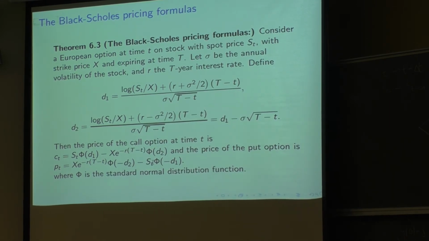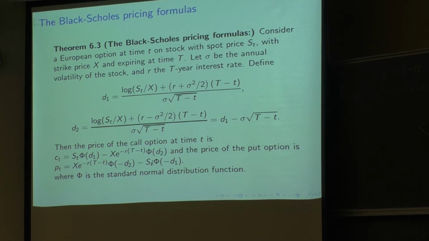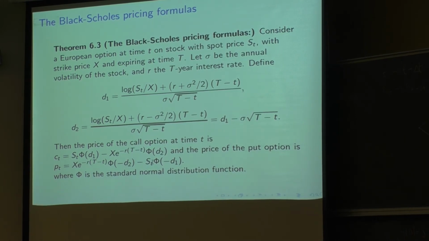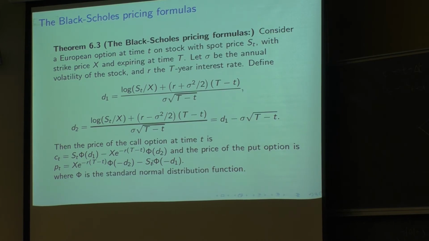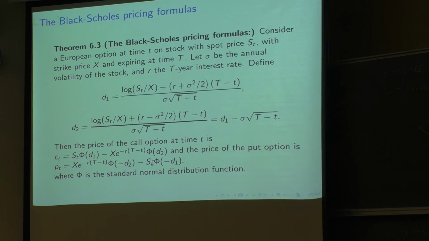Then you can take all these partial derivatives and plug them into the left-hand side of the Black-Scholes partial differential equation. You're going to do lots of calculations, and you have to show that it's the same thing as the right-hand side of the Black-Scholes partial differential equation. If you do all that, you can verify that C is a solution of the Black-Scholes partial differential equation, which is great.